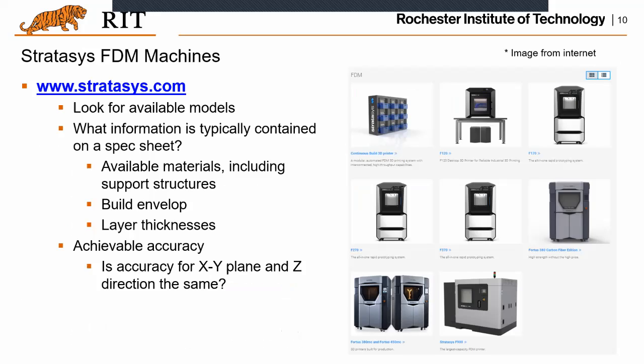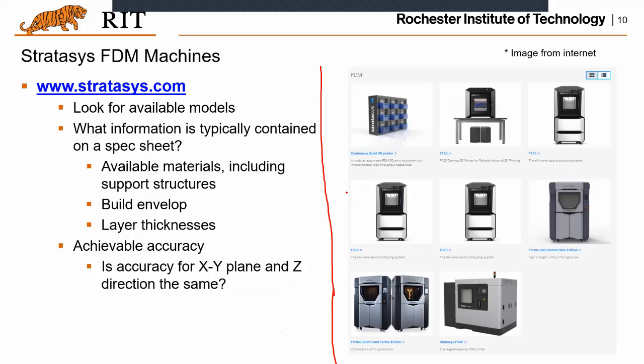As I mentioned, Stratasys is the main player in the fused deposition modeling area. As you can see here, there are different models for the printer, and all of them have the chamber.